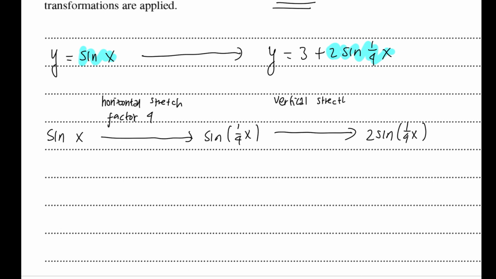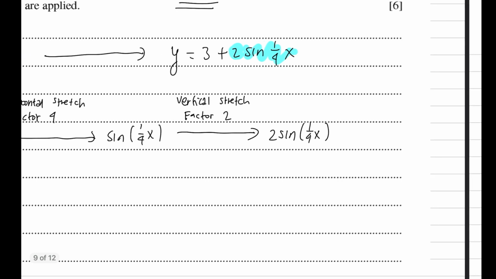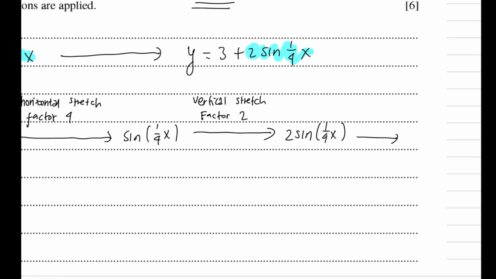Because we multiply the whole thing by 2, so vertical stretch, sorry, typo, vertical stretch by factor 2. Yeah, it's not 1/2 because it's vertical. Vertical, just take the number. And from 2 sine (1/4)x, we have to add 3 to the whole thing.